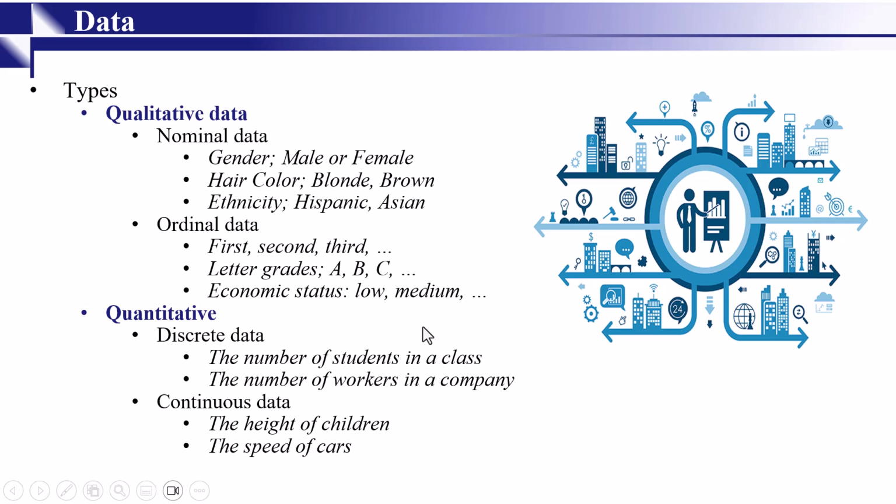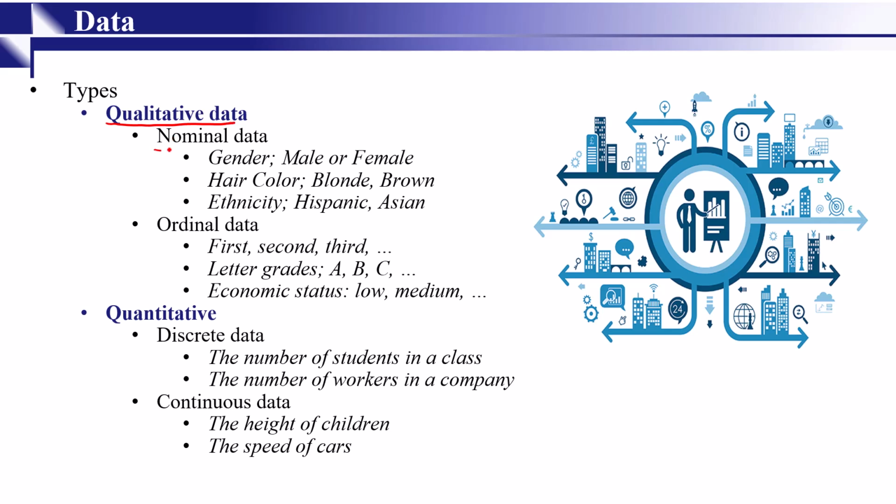So, types of data. Data can be classified in two main categories. One is qualitative or categorical data, and the other one is quantitative or numerical data. In the case of qualitative data, or categorical data, this kind of data describes characteristics, labels, or attributes, and we cannot measure them numerically.